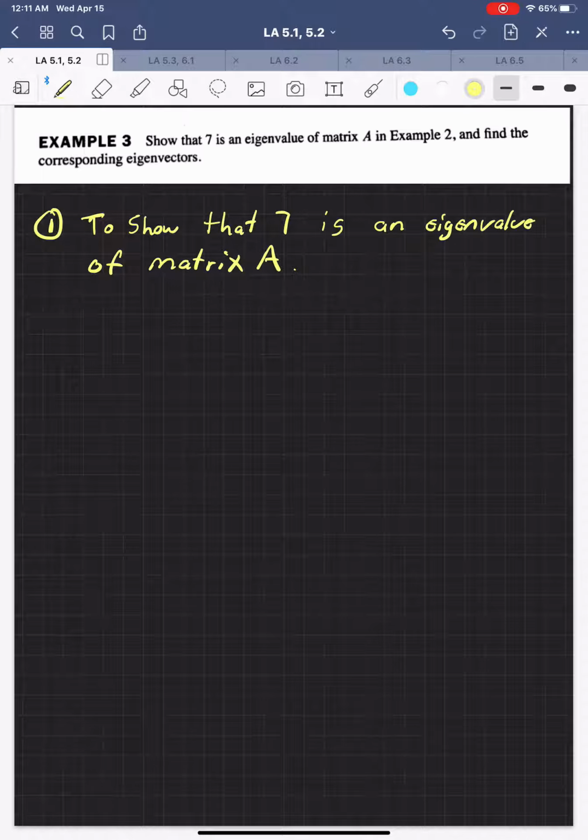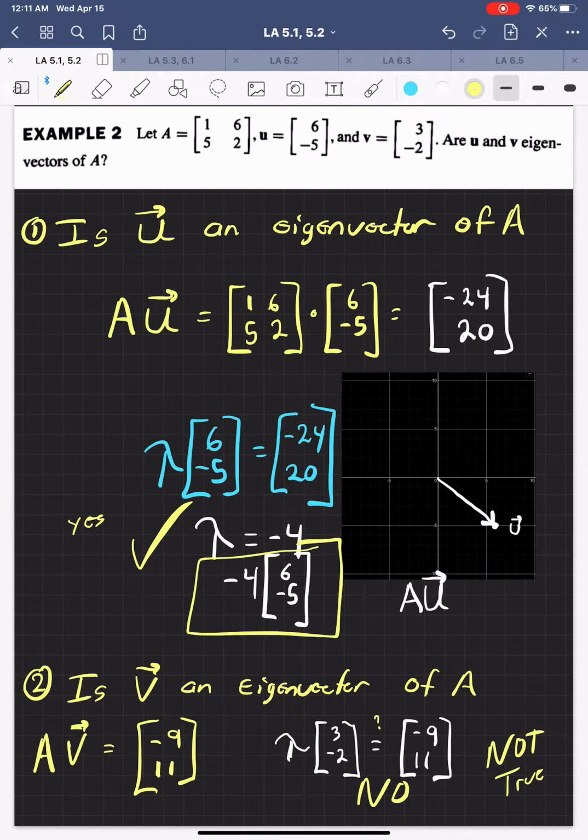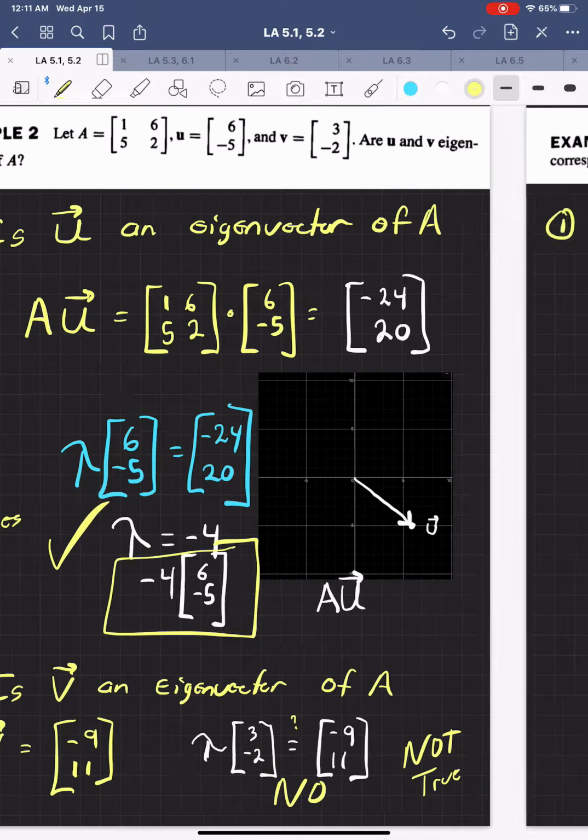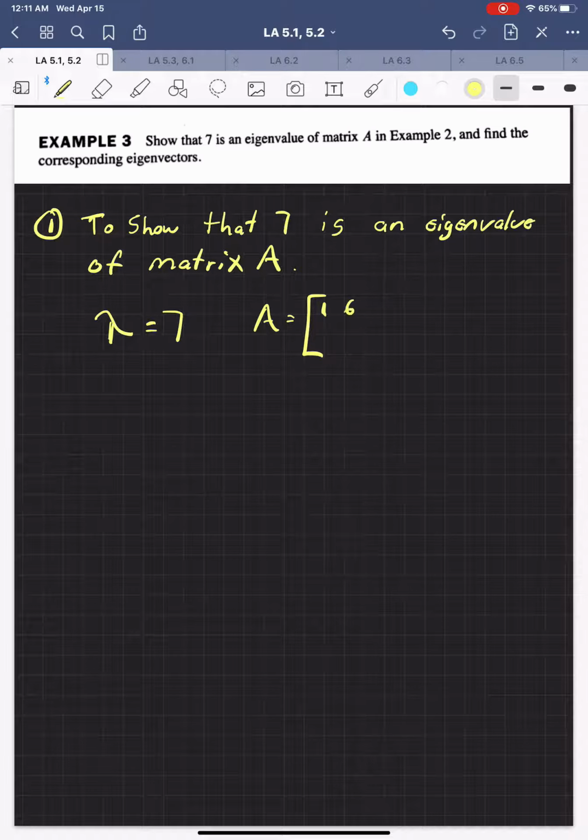So in this case, lambda is equal to 7. Let me go back to the previous example and grab matrix A. So it would be 1, 6, 5, 2. All right, so is 7 worthy of this lowercase Greek letter lambda? Is it an eigenvalue of matrix A?